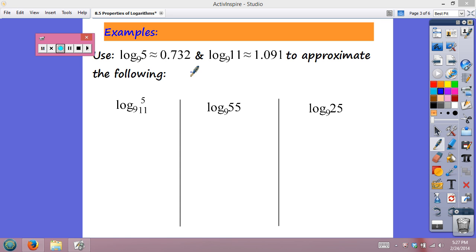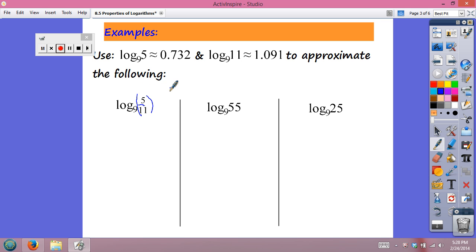So let's quickly go over some of these examples. This next problem here gives us two things. It tells us log base 9 of 5 is approximately 0.732 and log base 9 of 11 is approximately 1.091. First, we look at log base 9 of 5 over 11. Well, we just learned the quotient property, so this should be pretty simple.